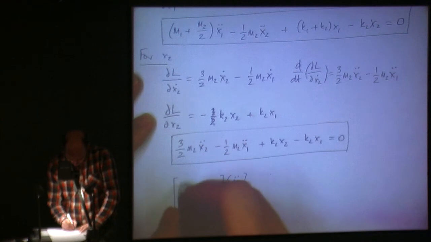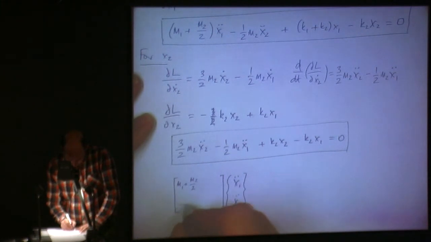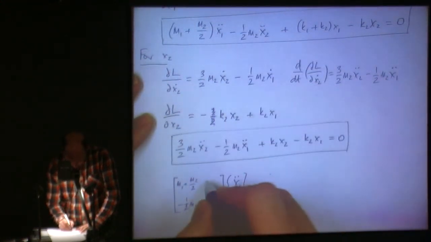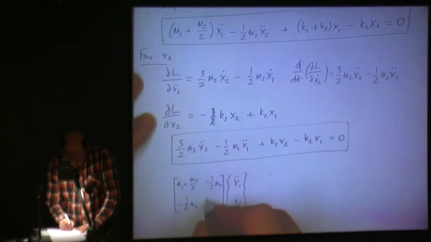So over here, we've got (m1 plus m2)/2, and we have minus 1/2 m2. Here we've got minus 1/2 m2 as well. And over here we've got 3/2 m2.